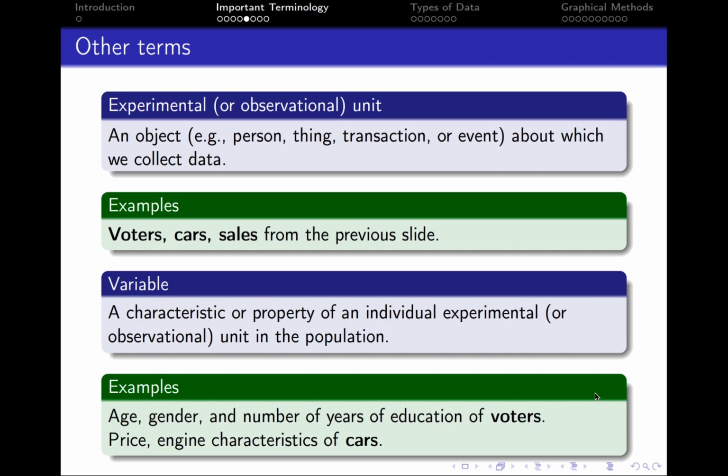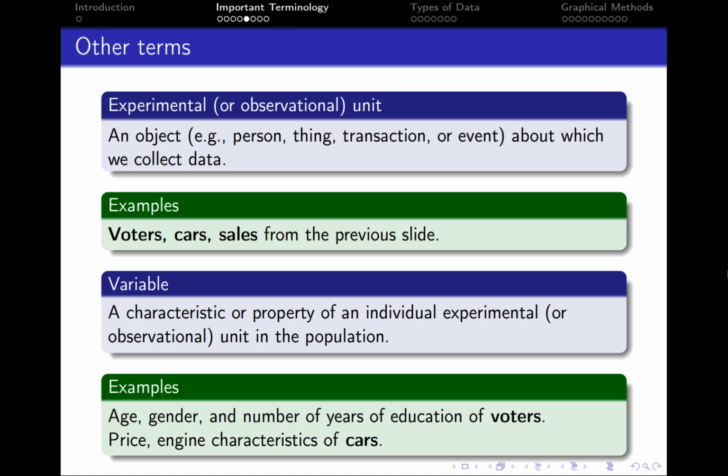There are other terms that you need to be familiar with, like experimental unit, which is also called observational unit. And this is often an object like a person, a thing, transaction, or event about which we collect data. An example of that could be, from the previous slide, voters, cars, sales. So those are the objects that we would like to study. So this is an experimental unit.